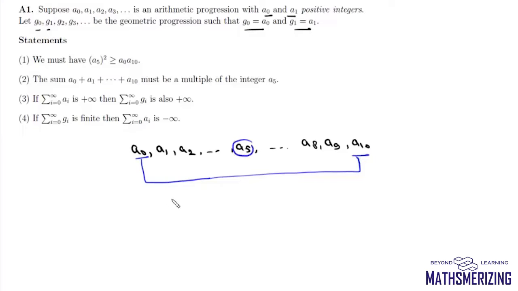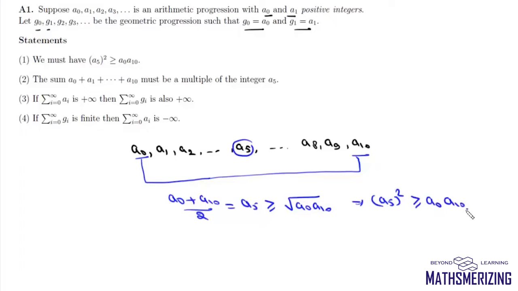So in this case, (A0 plus A10) by 2 will be equal to A5. Now AM is greater than or equal to GM, so it will be greater than or equal to the square root of A0 A10, and if we square it, we'll get A5 square will be greater than or equal to A0 into A10. That means statement 1 is correct.